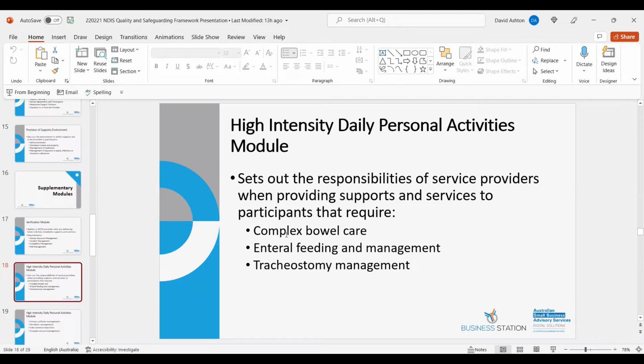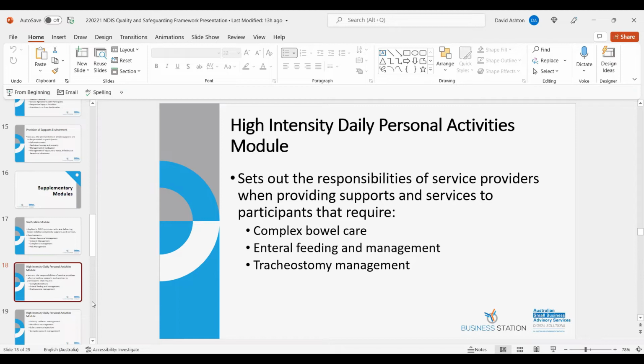And again, it's about having the procedures in place that your worker can refer to and how to manage these things. Also, the support plan that is developed between yourself and the client will outline the requirements around these things, and also the NDIS framework and any other medical requirements that have been given to them by their doctor as well.